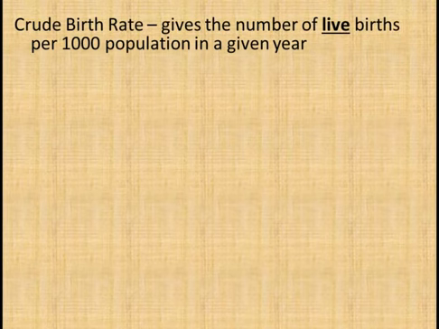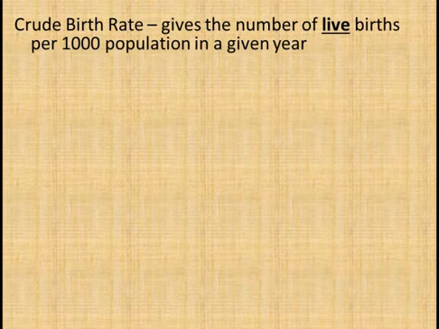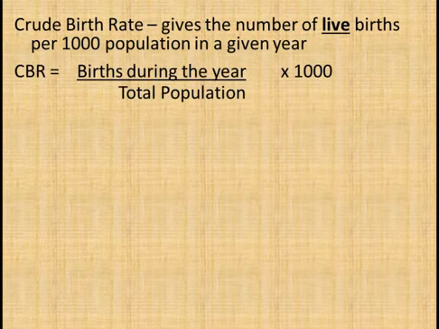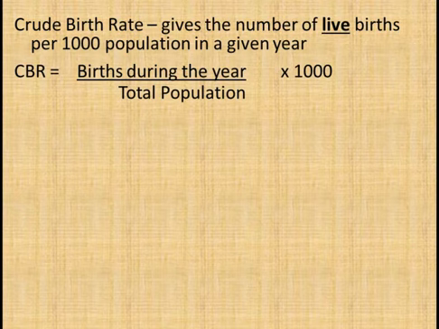Crude birth rate gives the number of live births per 100 population in a given year. As a formula, we can write crude birth rate equals births during the year divided by total population times 1000.